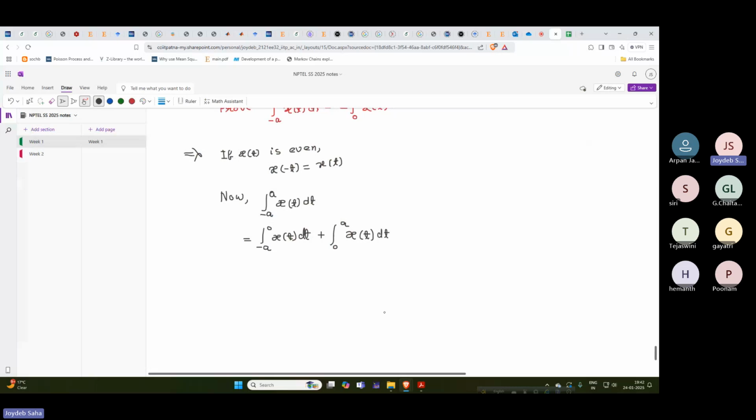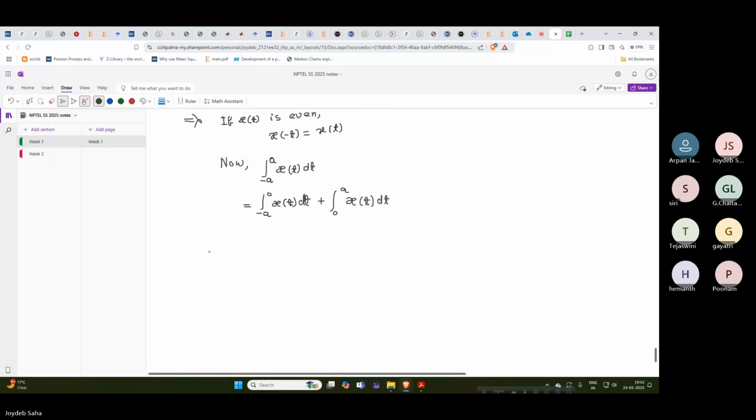Anyone? Yes, we can break, right? Now what will we do? If we can prove that the integral from minus a to 0 of x(t) dt is equal to the integral from 0 to a of x(t) dt, then it is simple, right?